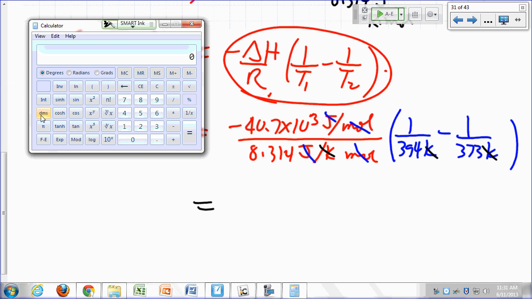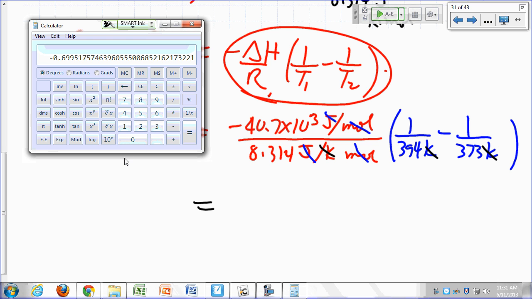Okay. 1 divided by 394 minus, open parenthesis, 1 divided by 373, close parenthesis, equals, times 40.7 times 10 to the third, divided by 8.314.